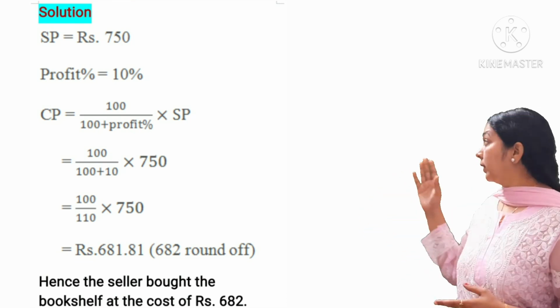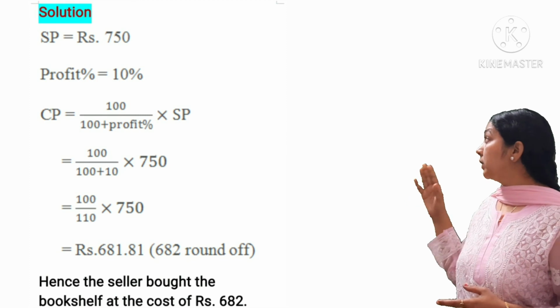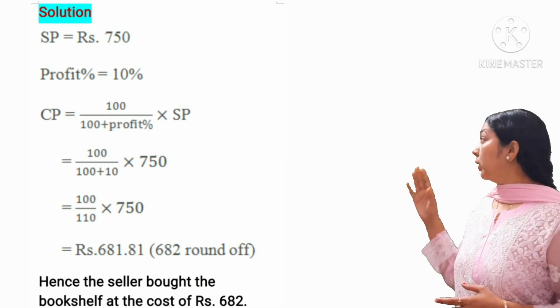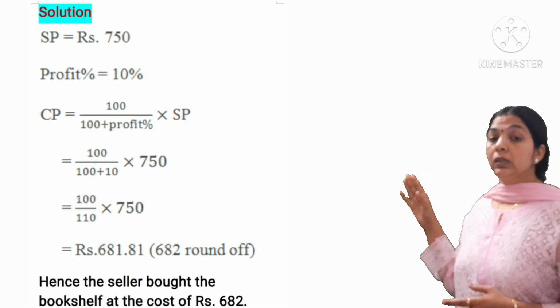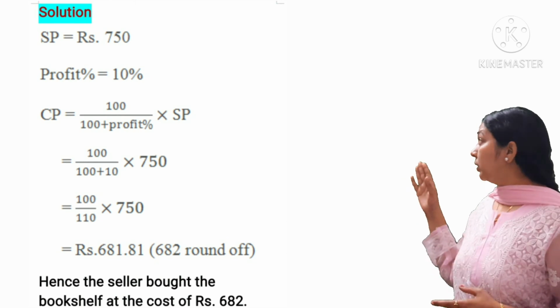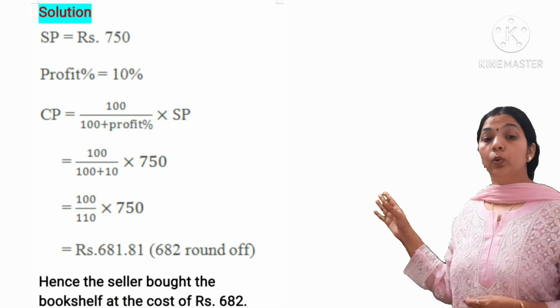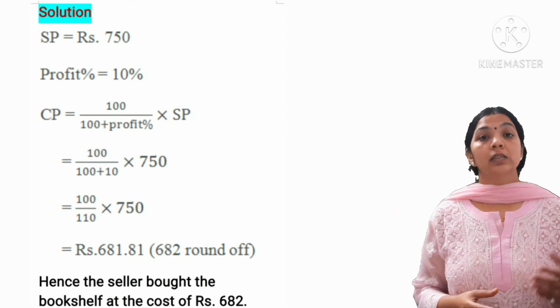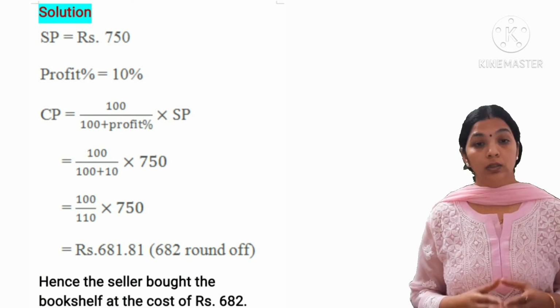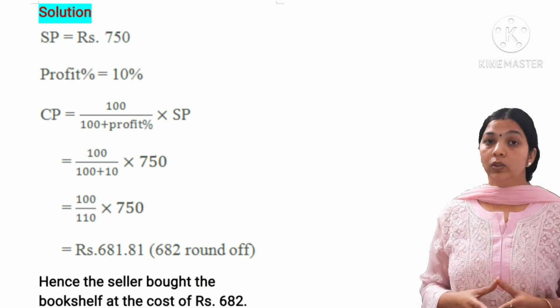Cost price is equal to 100 divided by (100 plus profit percent) into SP, so is equal to 100 divided by (100 plus 10) into 750, and this would result in 681.81. So we can say 682 rounded off is the cost price of the bookshelf.